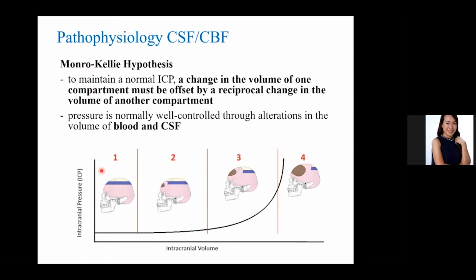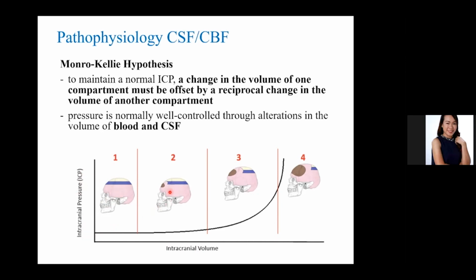So here on the y-axis, you can see the intracranial pressure, and on the x-axis, we have the intracranial volume. Okay. Now, for example, this is the normal intracranial volume. So we have 10% CSF, 10% blood, and 80% brain tissue. If this is the normal situation, then we have a normal intracranial pressure.